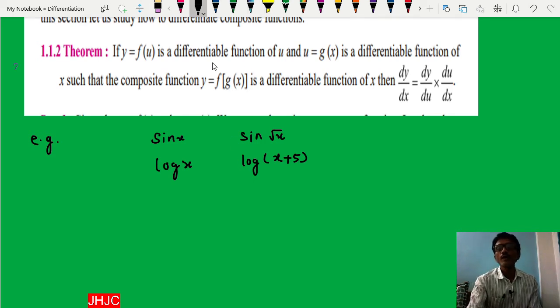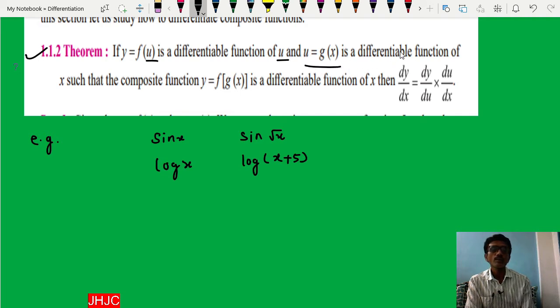For that we have this theorem. y is equal to f of u is a differentiable function of u, u is equal to g of x is a differentiable function of x, and the composite function y is equal to f of g of x is a differentiable function of x.